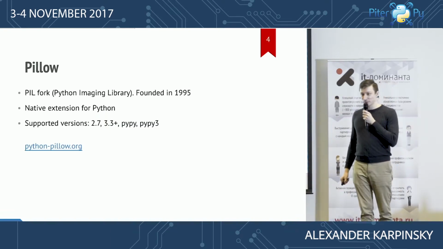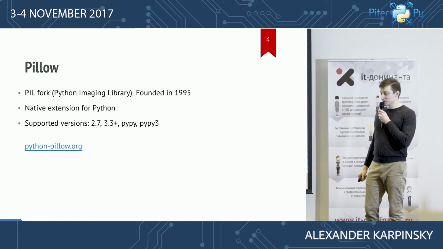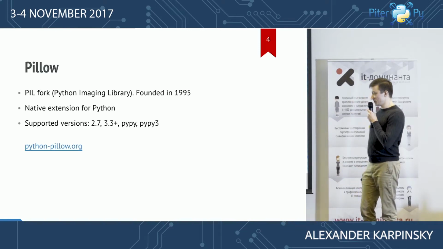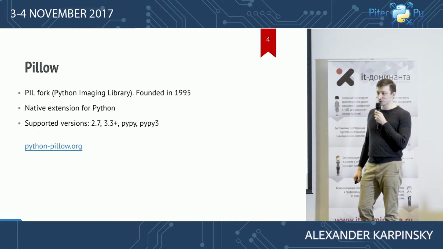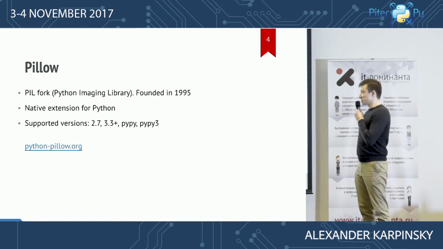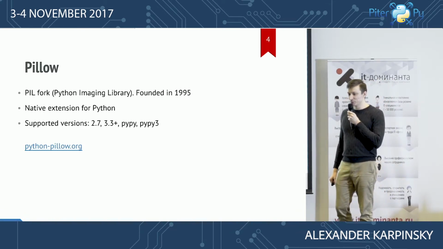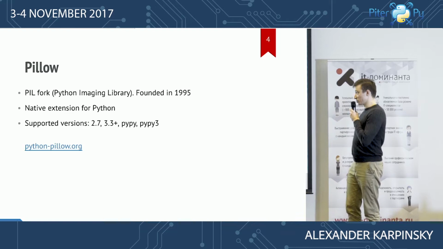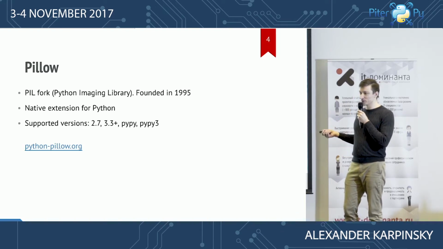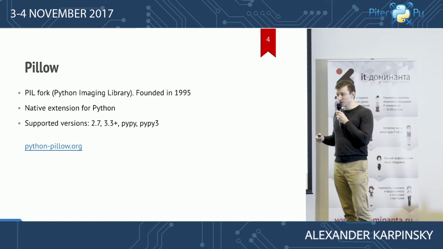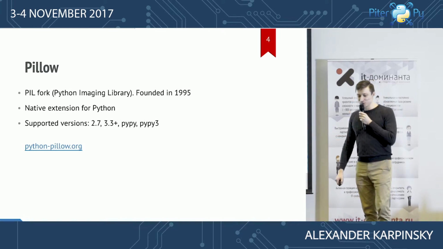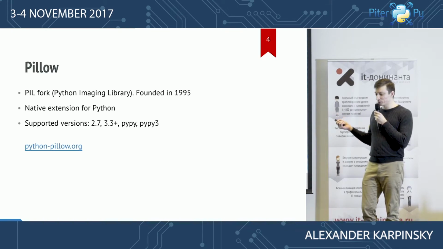today. I will start with Pillow. Pillow is the PIL fork, Python imaging library. You might have heard about it. It's quite old. It was prepared for Python 1.2. Then at some point the development of that library was suspended, and a team of developers decided to develop a fork for Python imaging library to be able to run it on modern systems, because by that time it was in such a condition that it wasn't easy to use it.